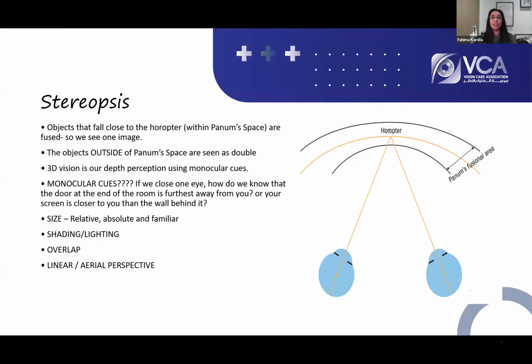Now you're probably thinking, I'm not seeing much difference. I'm looking around and I can see where everything is. Try it. Close one eye, look around the room, and you know where everything is relative to each other. So why do you need two eyes for stereopsis?